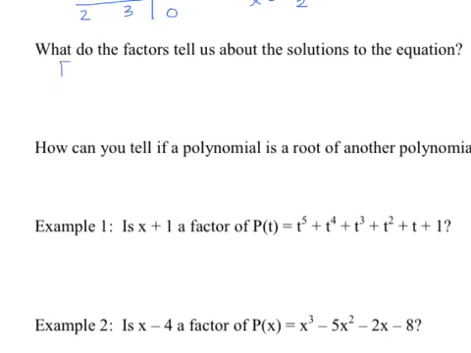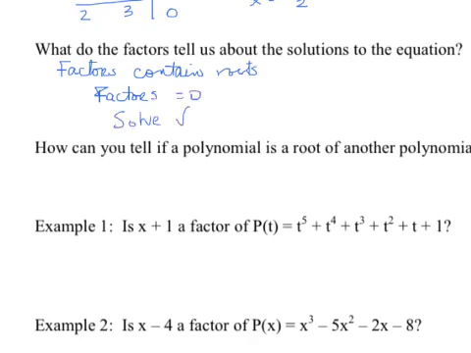The factors contain the roots. You're going to take your factors of x minus or x plus, set it equal to 0, and then solve for your variable, whatever that variable is.